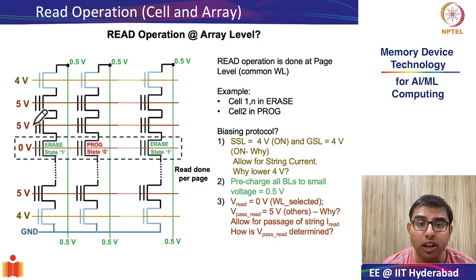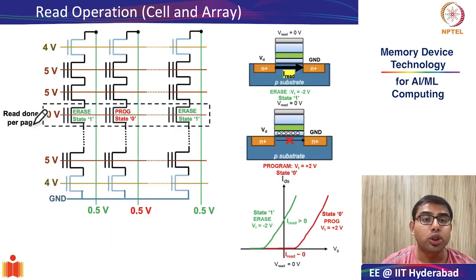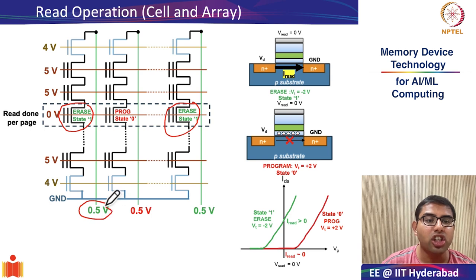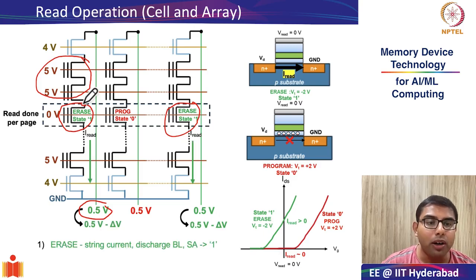Okay. So after all these biasing protocols are completed, let us try to understand how the read operation finally happens. Let's recall that cell 1 and cell n were in the erase state or in state 1. So when you apply a small bias, 0.5 volts, at the bit line and you ensure that the other cells allow this bias to get transferred to the drain, what will happen?